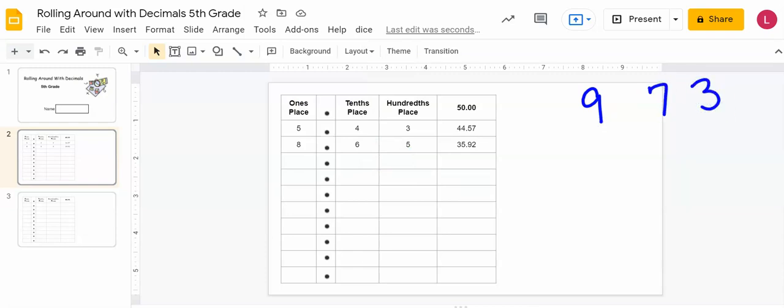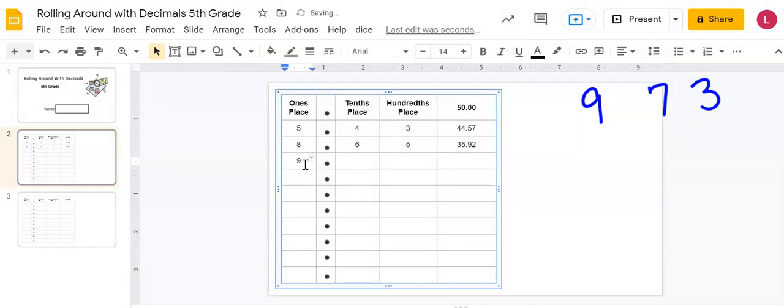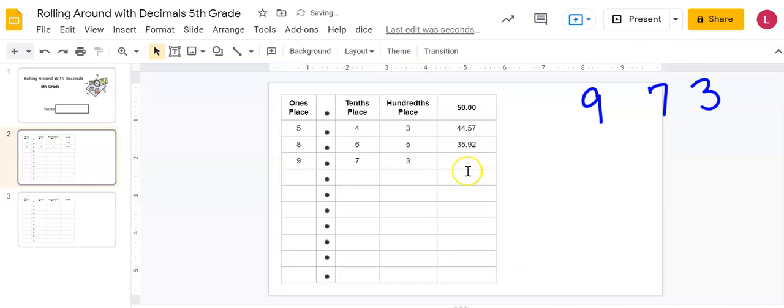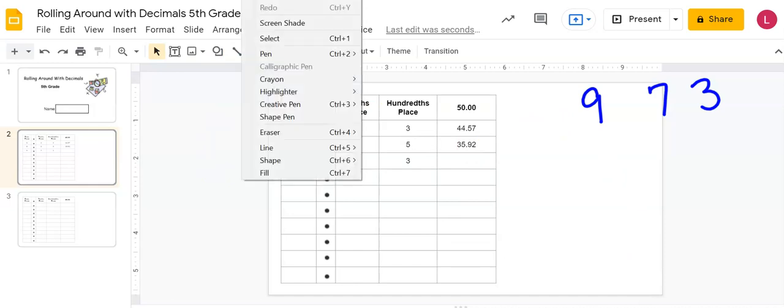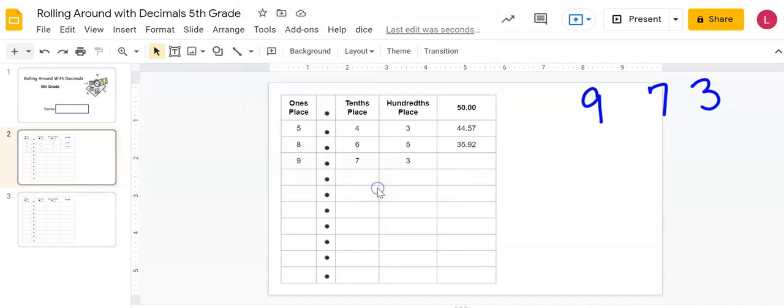So I want to build the largest number possible, and actually in that order looks pretty good, doesn't it? So I could have 9 ones, 7 tenths, and 3 hundredths. Okay, and so let's subtract those numbers. Let me erase this so I have lots of room.